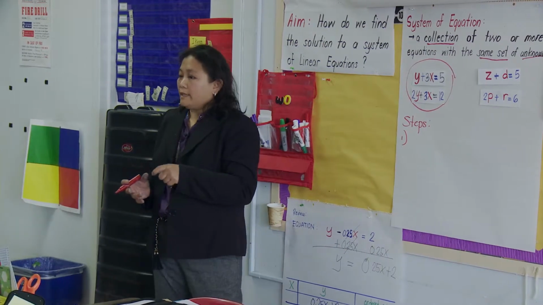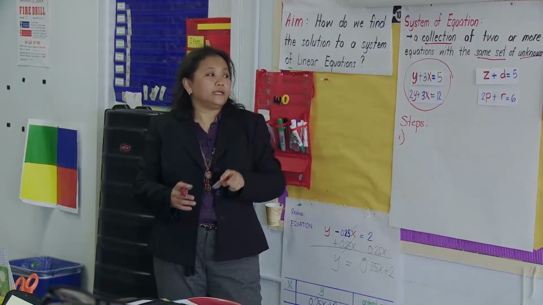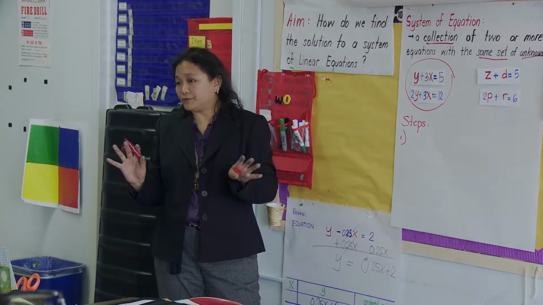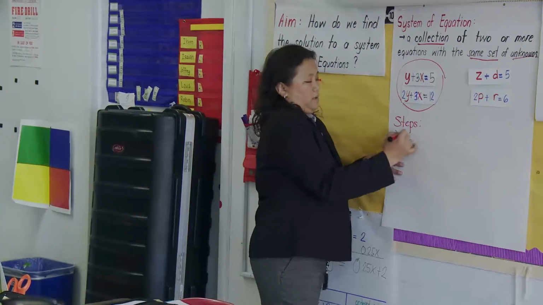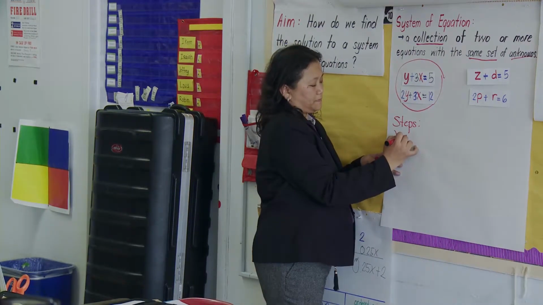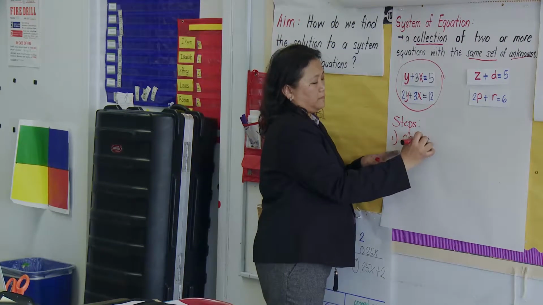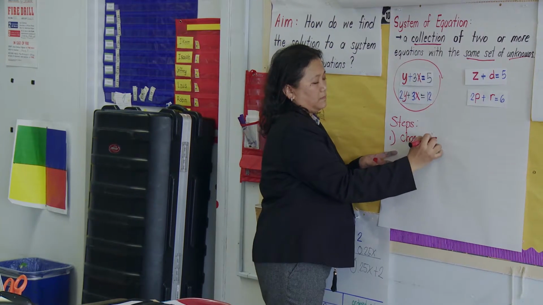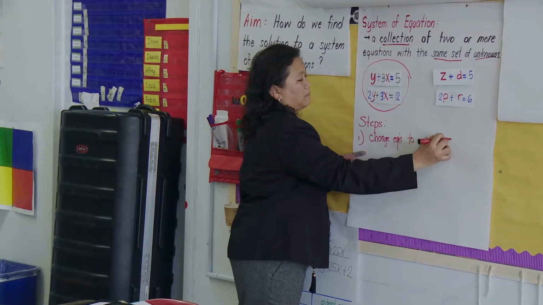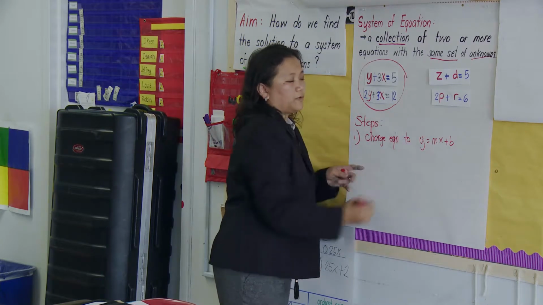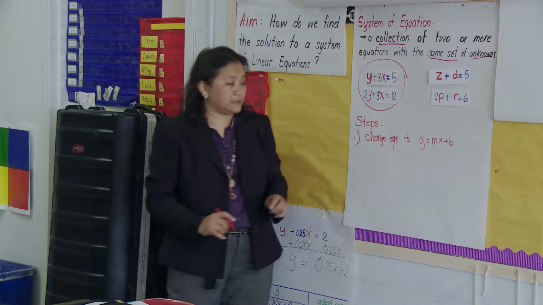The first one is we need to make sure that our equation is in the slope-intercept form, y is equal to mx plus b.